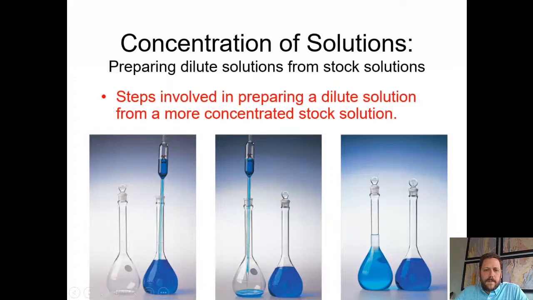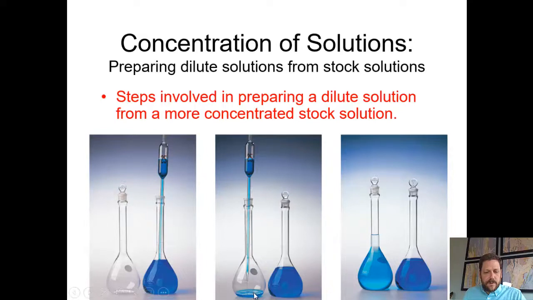So let's talk for a minute about what this process actually looks like in the lab. You'll see in that last problem we needed 25 mL of the stock solution, and that's what's depicted here. This is the stock solution in something called a volumetric flask, and here a volumetric pipette is being used to obtain exactly 25 mL of solution.